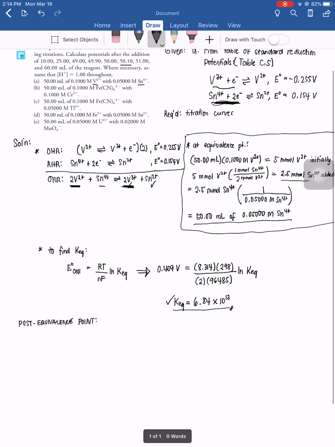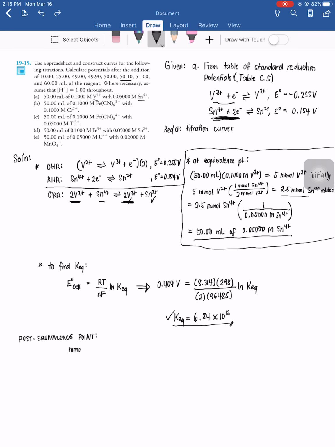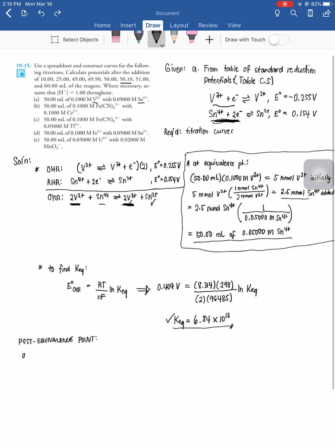So we try to do the same tack as what we've done in our first video for today. We compute after adding a volume of 50.10 ml of the tin 4. Let's compute just how much tin 4 we've added.